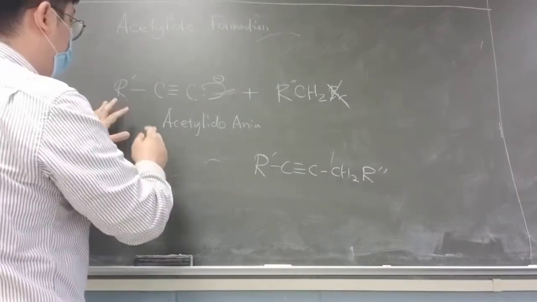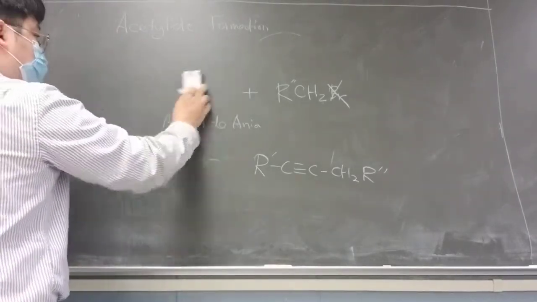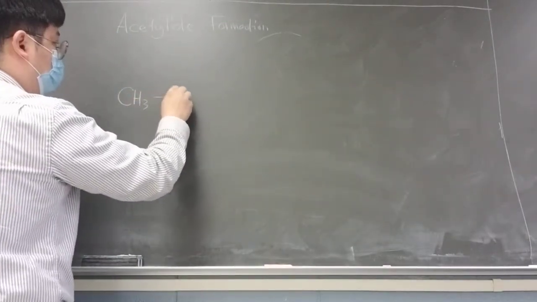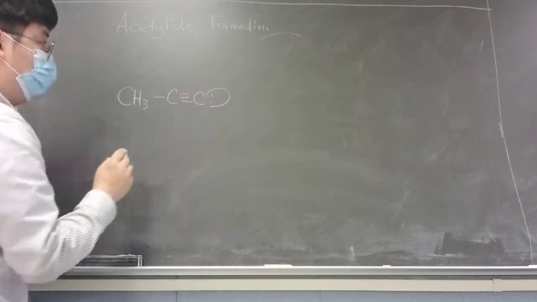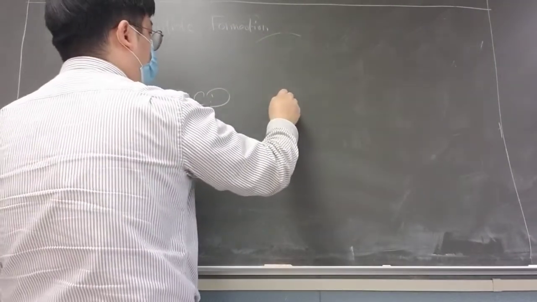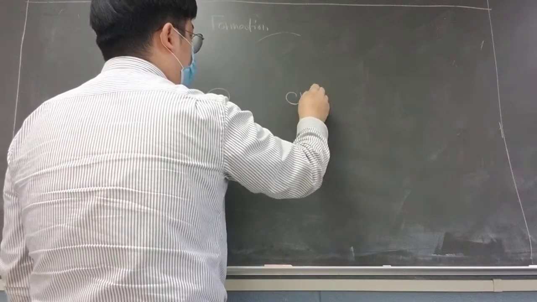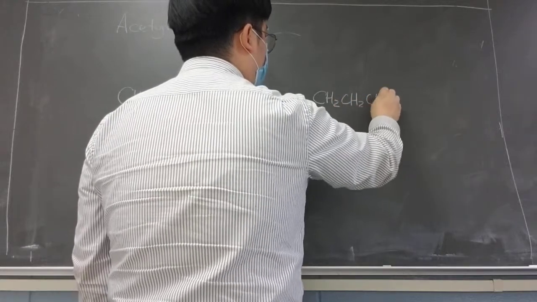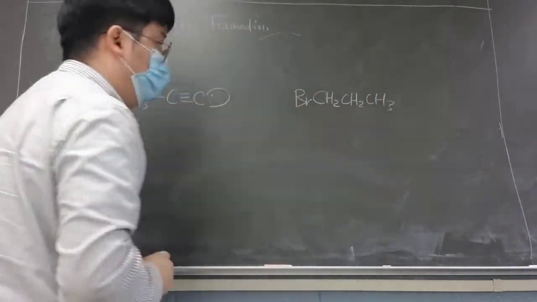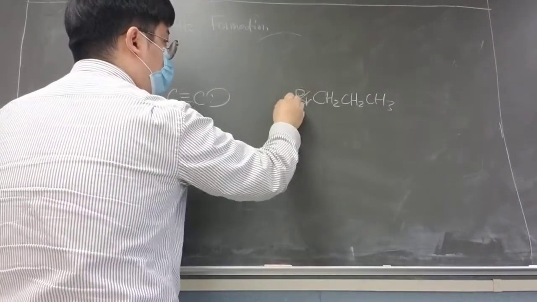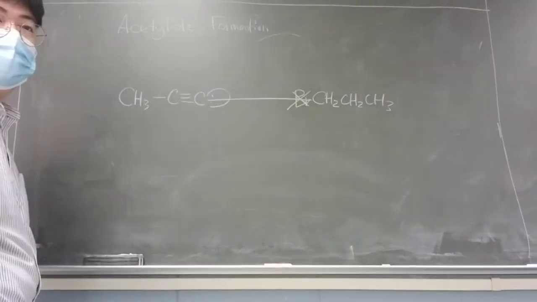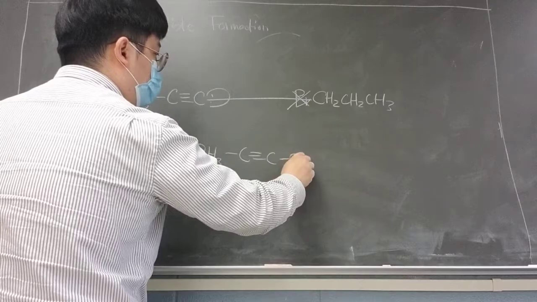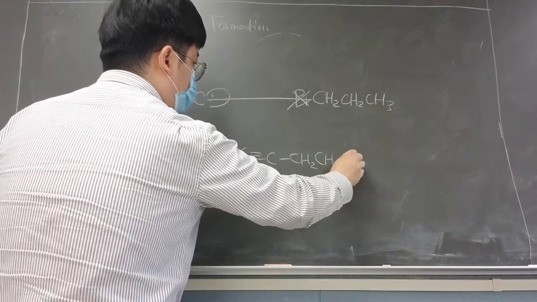Whenever you have this form, I'll give you one example here. Say you have this one, and then just try to remove this one, then CH3, C triple bond, CH2, CH2, CH3.